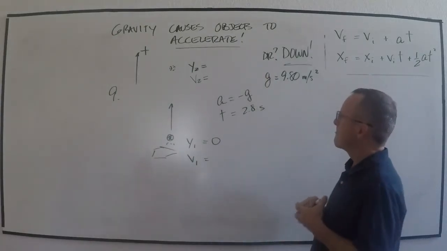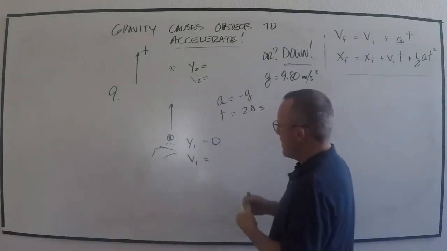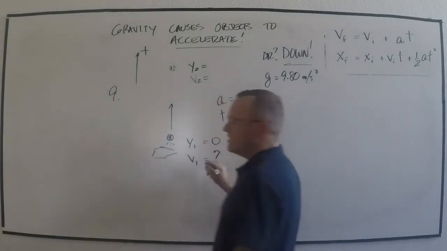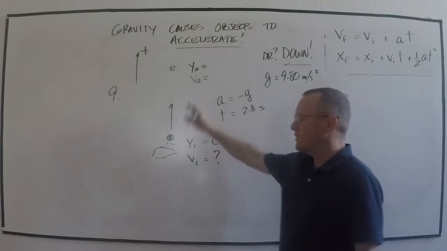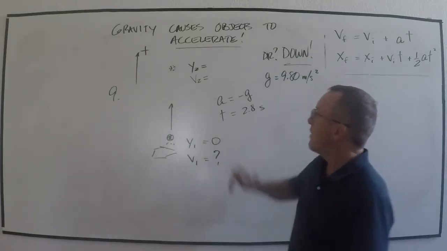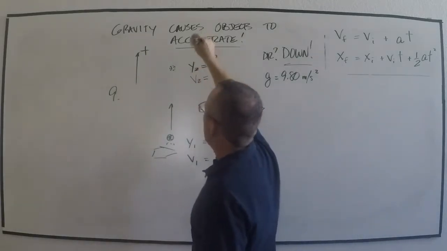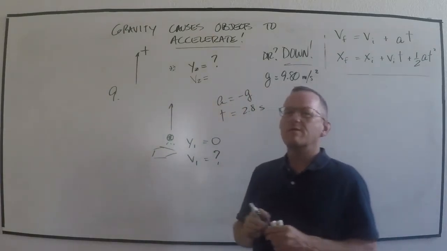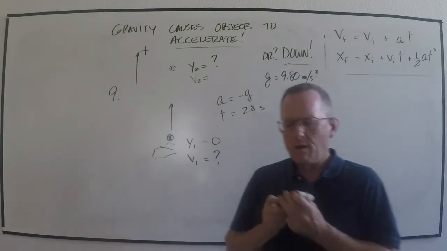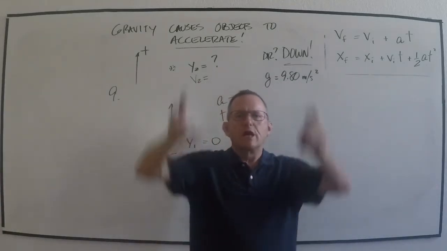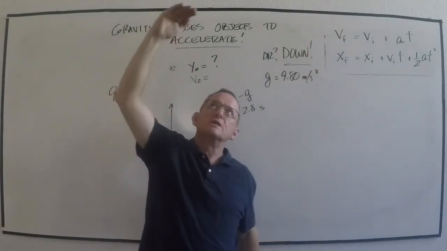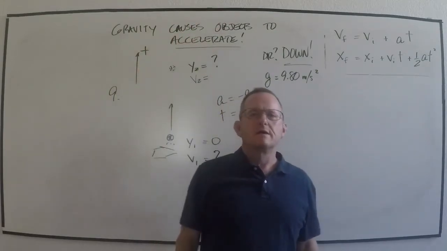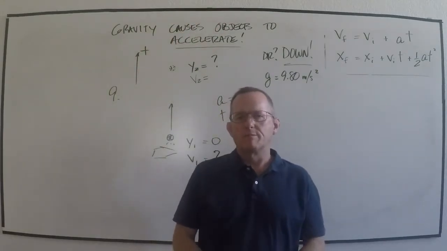Use it. What about these others? v1. They're asking you to find the initial velocity of the ball. They're also asking you to find the maximum height. Find y2. What about v2? This is subtle. But if you are told an object in free fall reaches a maximum height, very simple principle.